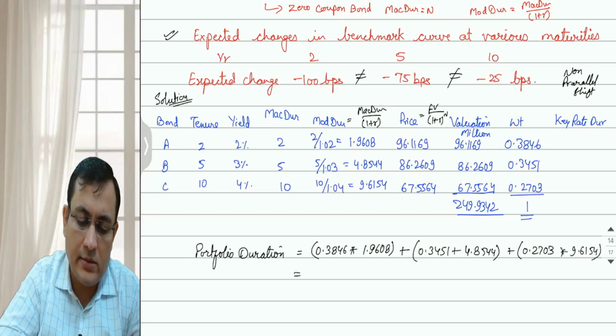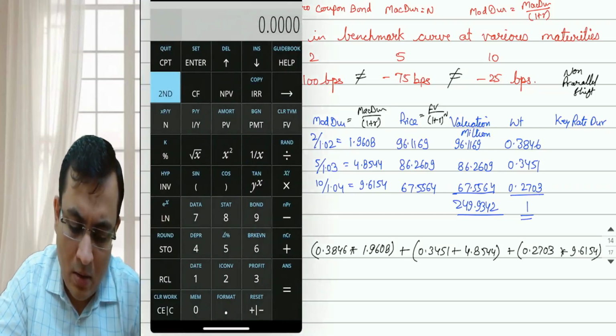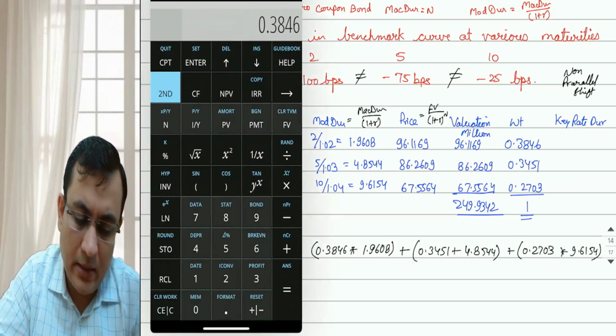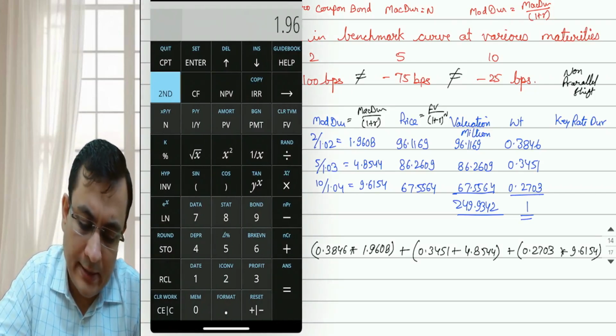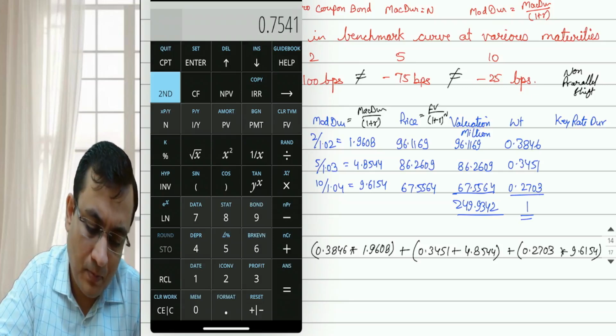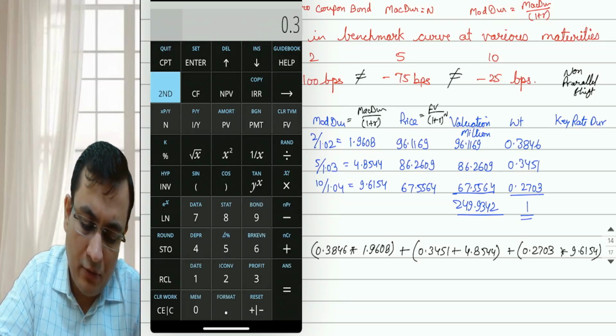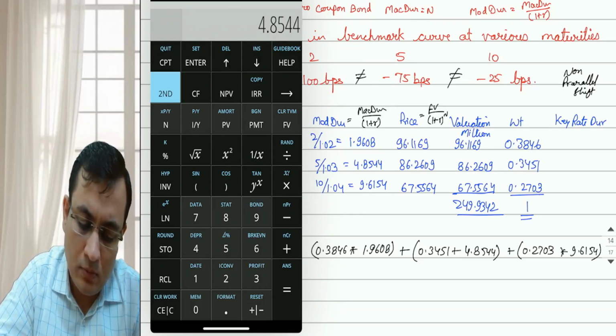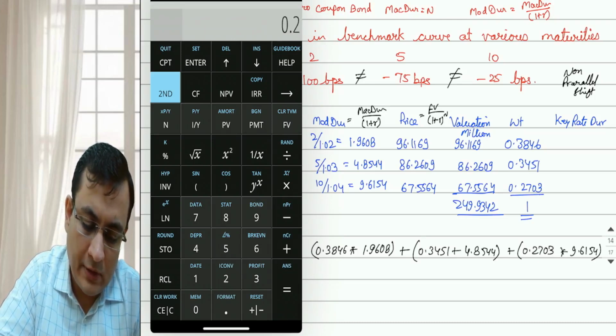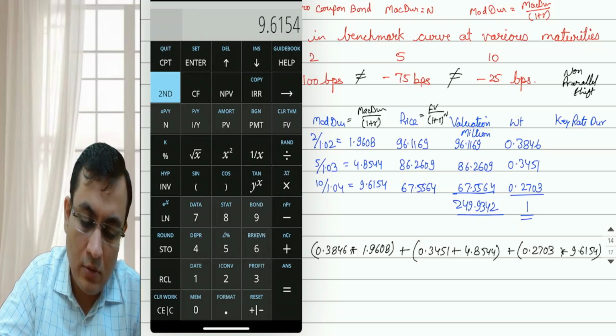So overall it is equal to, let's check it out, 0.3846 multiplied by 1.9608. Next, 0.3451 multiplied by 4.8544. And last, 0.2703 multiplied by 9.6154.